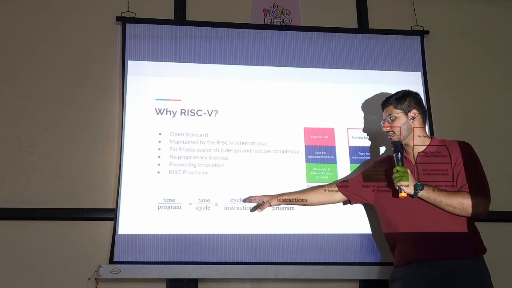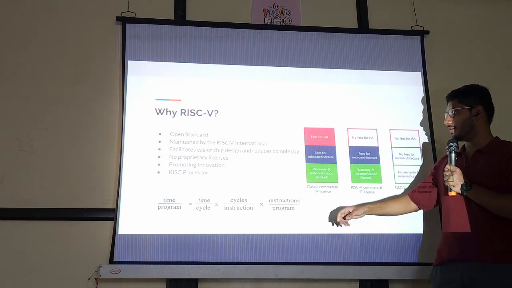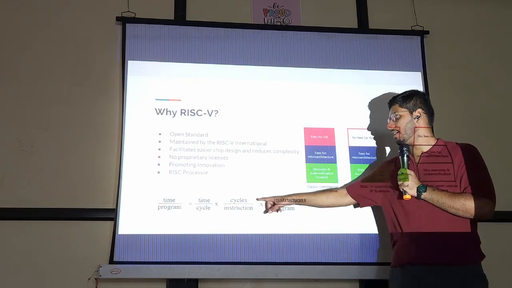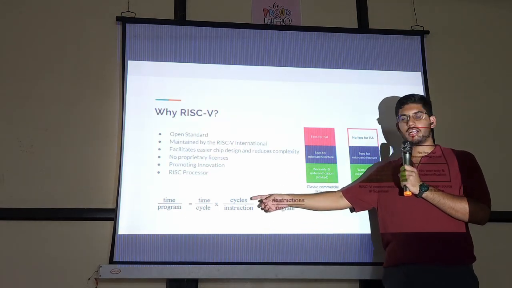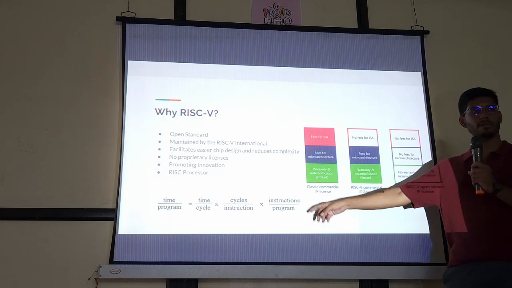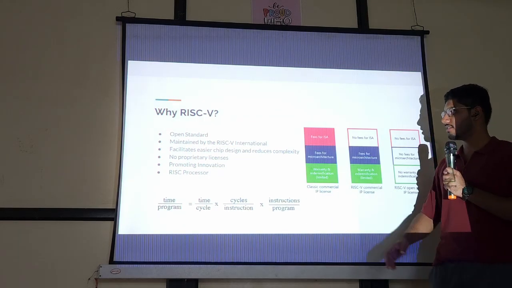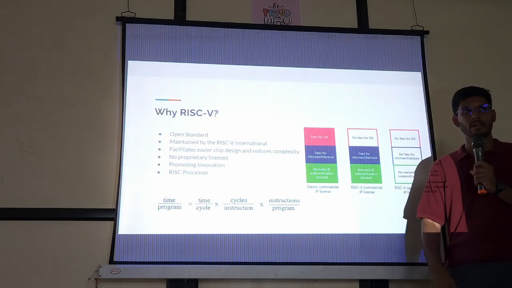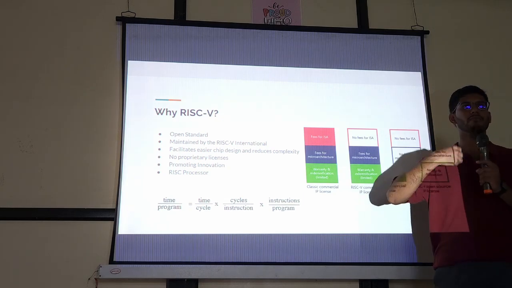And this is one simple equation which you can follow. Basically, performance targets these two parameters: cycles per instruction and instructions per program. What a CISC processor does is that it has more cycles per instruction, because it is taking many more cycles.